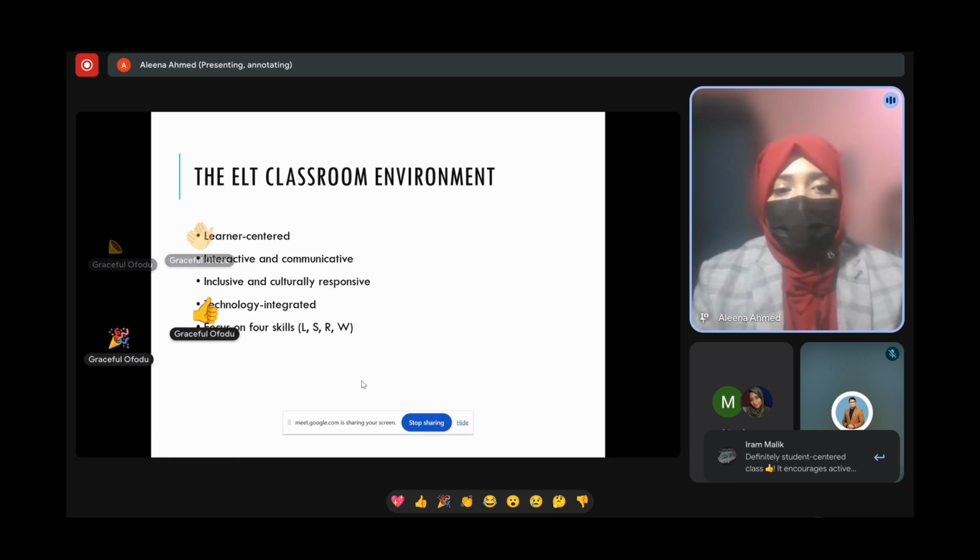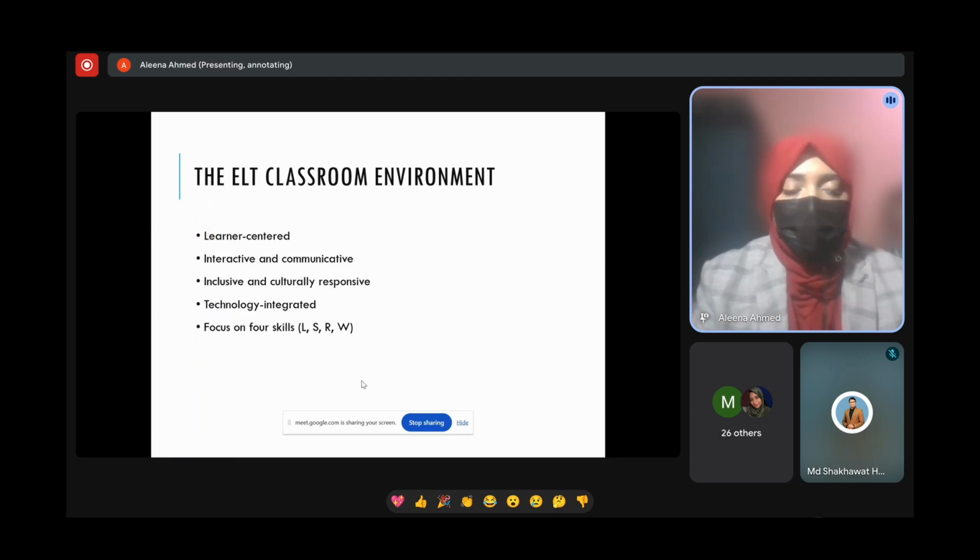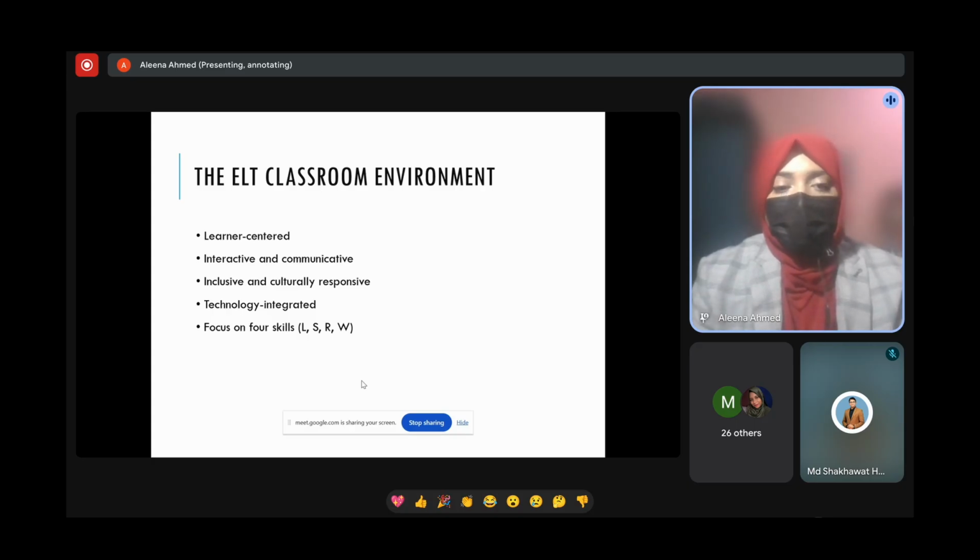How students will dive deeper into that topic, it will be through their activities, their interaction, their communication, or their learning based activities. So it should always be learner centered, like learners will be more active and will be more practicing in the classroom rather than the teacher.